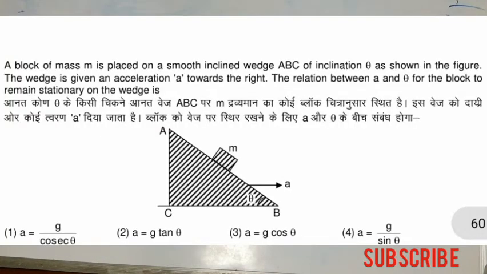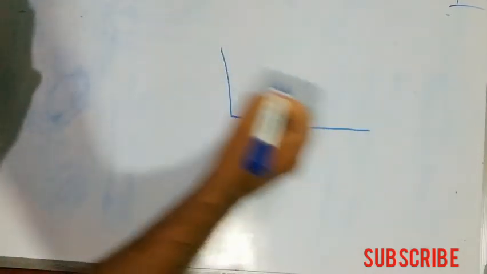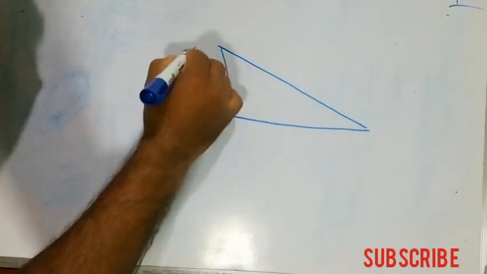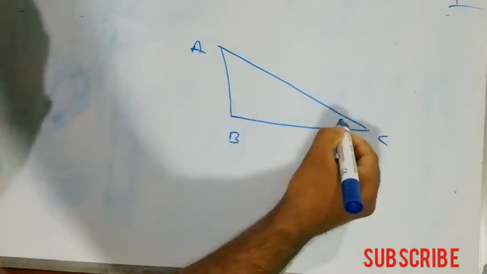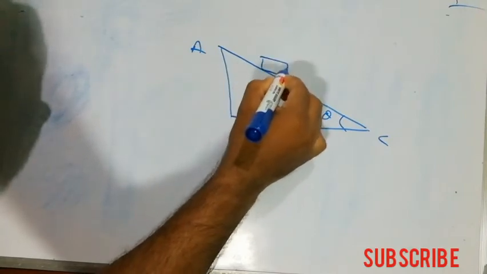Our next problem: a block of mass m is placed on a smooth inclined wedge ABC of inclination theta, as shown in the figure. The wedge is given acceleration a towards the right. Find the relation between acceleration and the inclination angle for the block to remain stationary on the wedge. You have a wedge ABC of inclination angle theta, and a block on it.